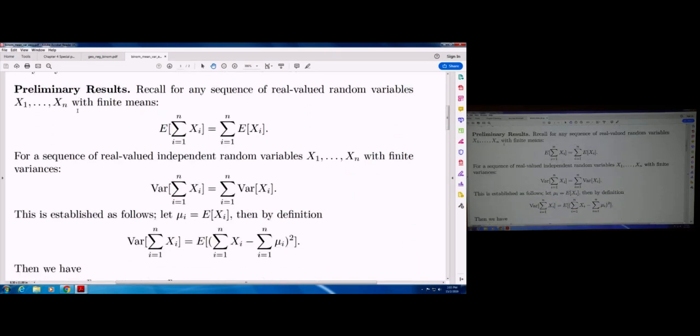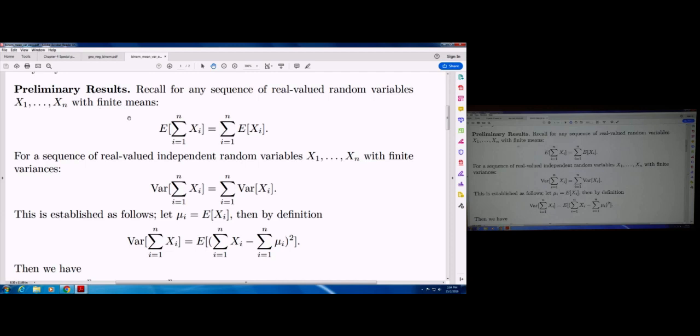Just a couple of results which we have seen already, but let me recall for your benefit. Suppose that we have a sequence of real valued random variables x1 up to xn with finite means. These random variables can be dependent or independent. There's nothing we need to assume other than the fact that they have finite expectation.